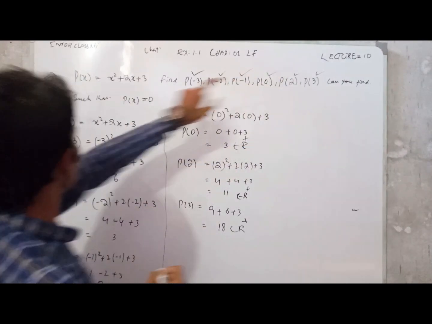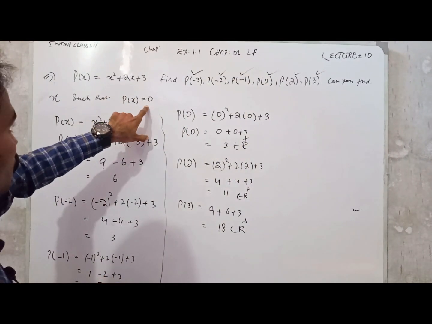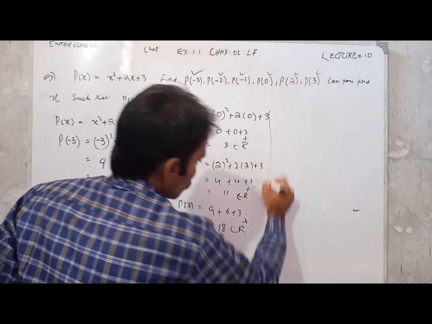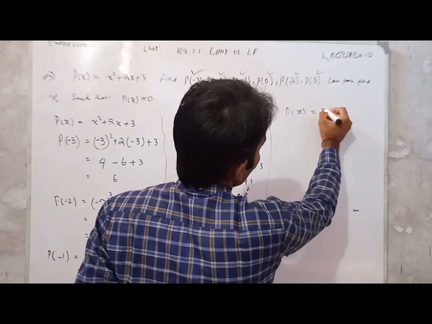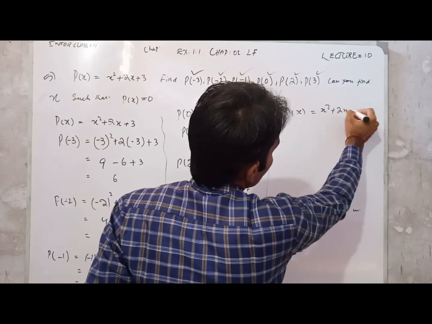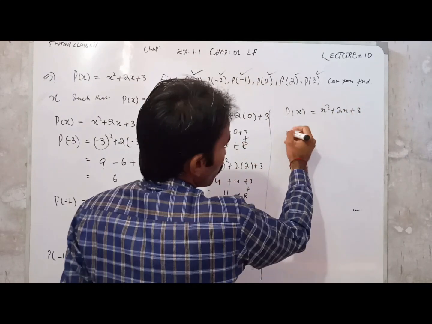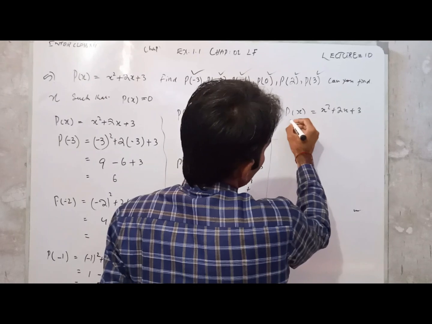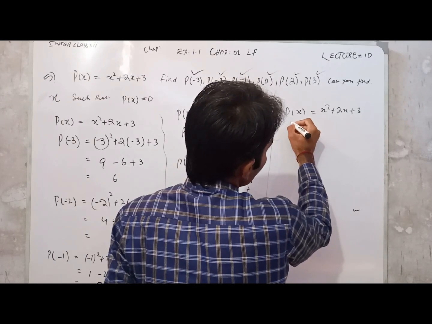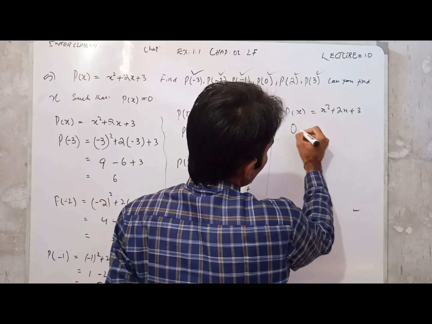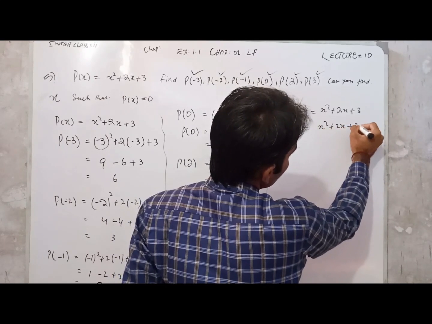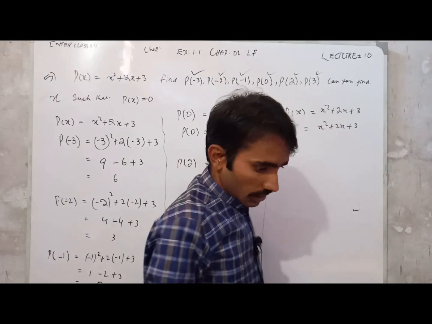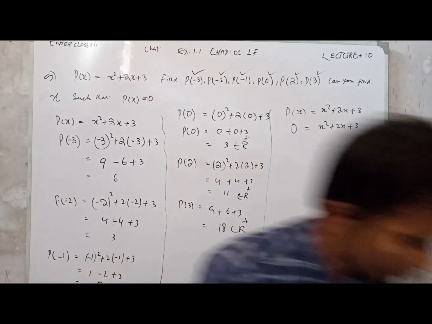Can you find x such that p of x is equal to 0? What we will do is take p of x equal to x square plus 2x plus 3. So we set p of x equal to 0. This is the given condition in the book.